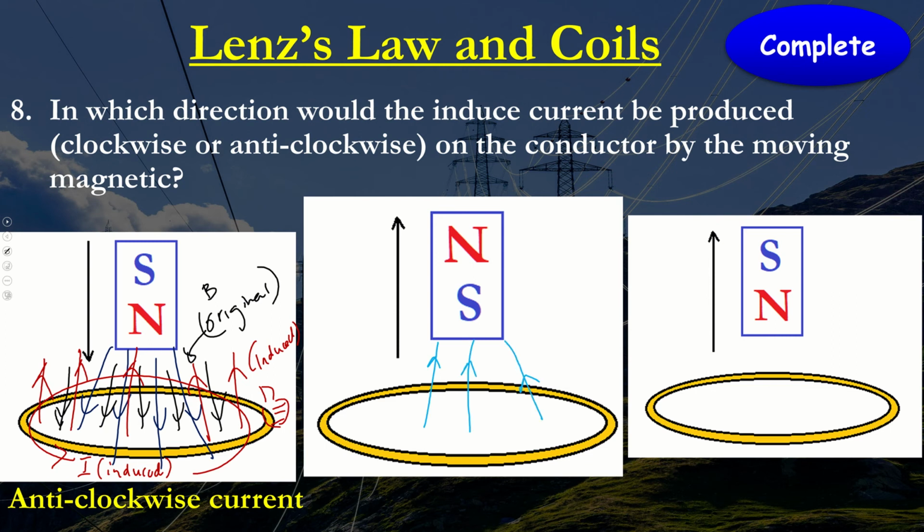As I pull this magnet away, there is less connection between the poles and the conductor, so I get fewer magnetic field lines coming out of the page. Initially we had 3, now let's say we only have 2. I'll dot this to say that once upon a time there was 3. According to Lenz's law, we don't want that.